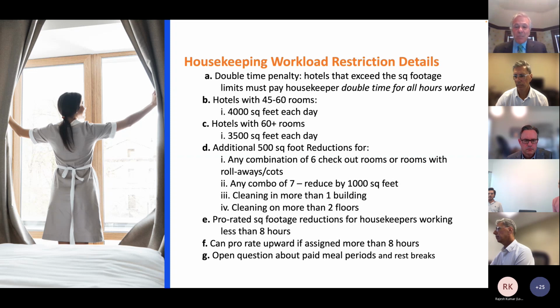And if they have a 30-minute meal period, they're obviously not cleaning rooms during that period. The question is, do you have to reduce the pro rata square footage? I think the general consensus is no, but that's an open question, and it is a risk if you don't prorate until we get some clarity from the city.